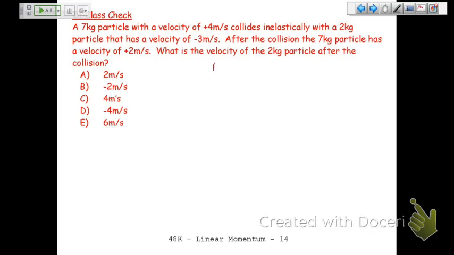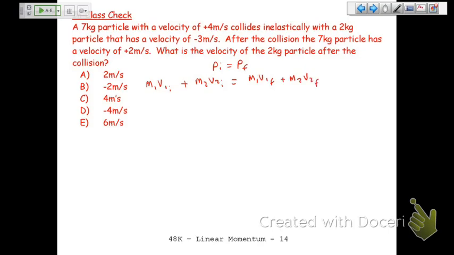So my principle is P initial equals P final. So I say M1 V1 initial plus M2 V2 initial is equal to M1 V1 final plus M2 V2 final.